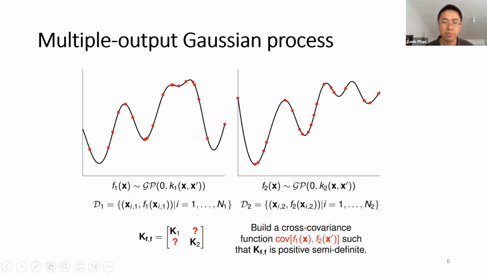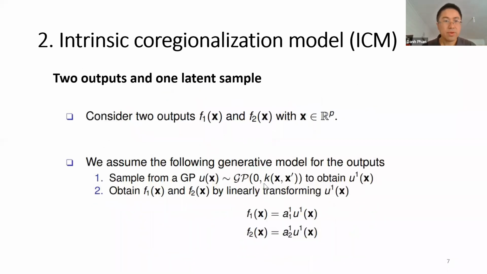That is, we want to build some kind of function to model the cross covariance between F1(X) and F2(X), between this one and this one. The first model I'm going to introduce is called the Intrinsic Coregionalization Model, or ICM.